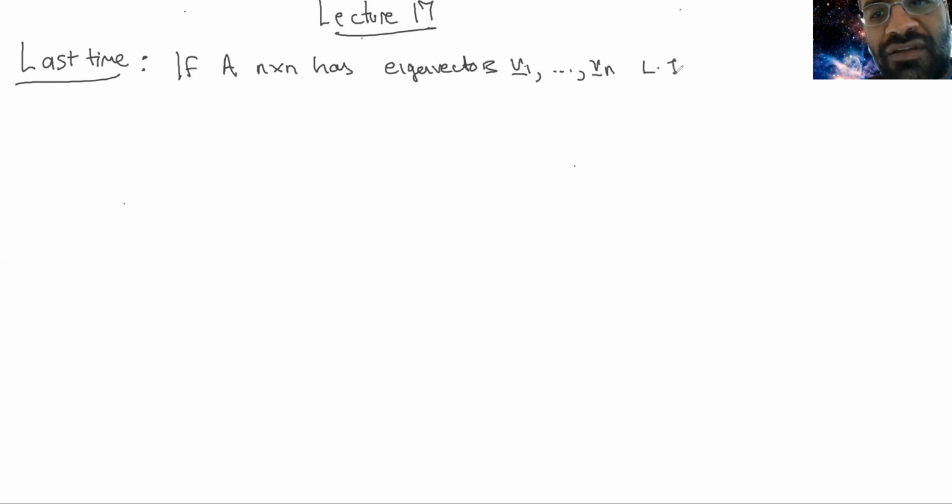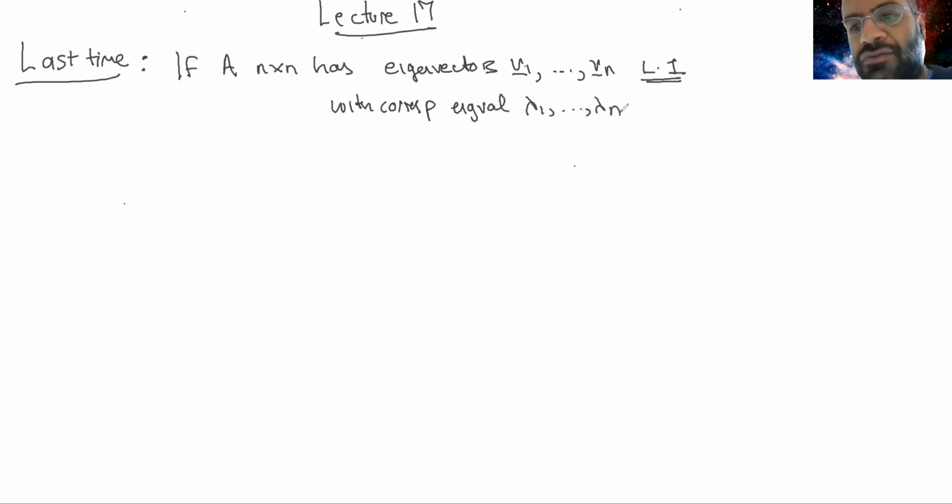We said that if an n by n matrix has n linearly independent eigenvectors, and that's important, with corresponding eigenvalues, then you can use this to diagonalize the matrix, so find a similarity which shows that this is similar to a diagonal matrix.